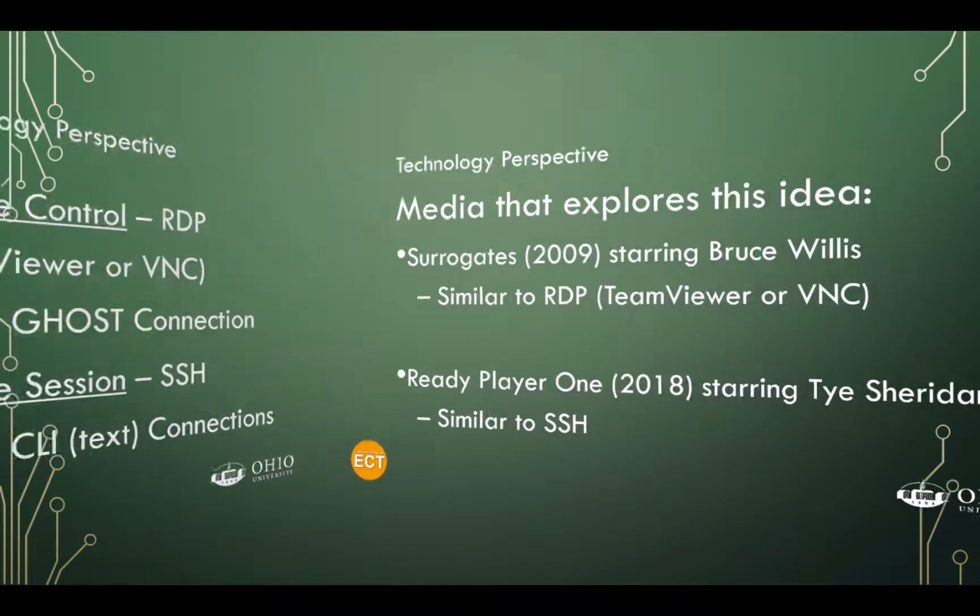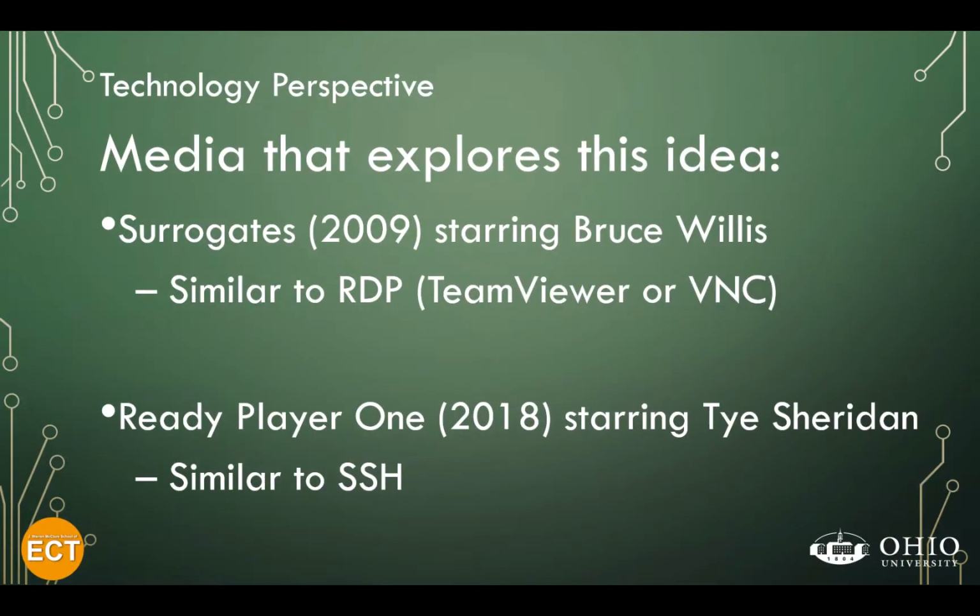In fact, I went through media and I found two different movies that sort of highlight these two different types of connections. There's a 2009 movie called Surrogates starring Bruce Willis, and he's got a relationship with the technology that is very similar to RDP.